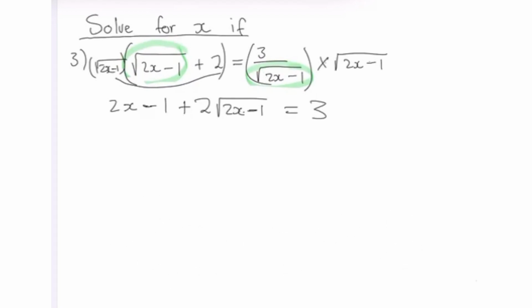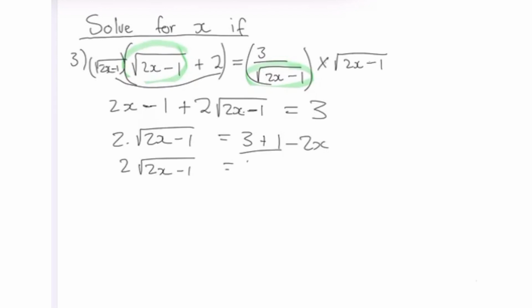Let's solve from there. After getting to this position, let's isolate our radical so that we have 2 times the square root of 2x minus 1 equal to 3 plus 1 minus 2x. So we have 2 times the square root of 2x minus 1 equal to 4 minus 2x.